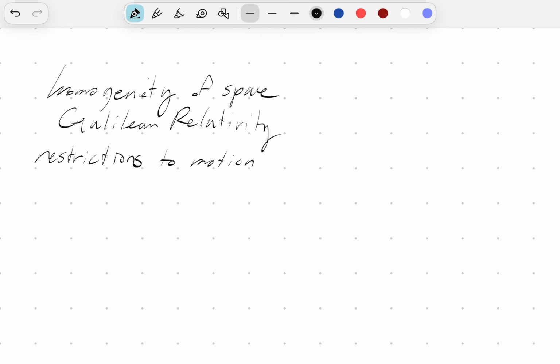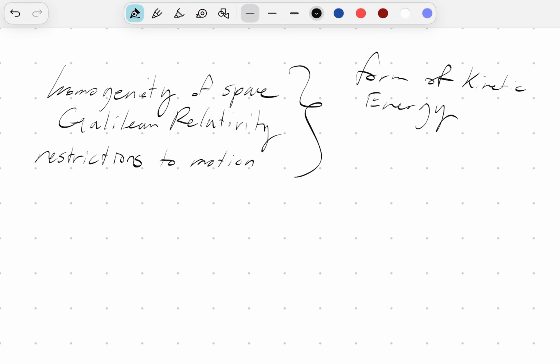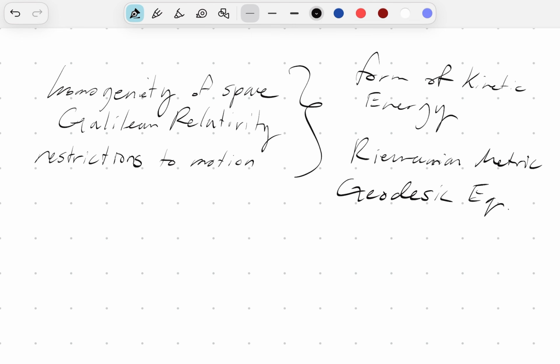So if you have a free particle versus a particle that has restricted motion or anything like that, this is going to lead naturally to the appearance of mathematical objects like the form of kinetic energy, the appearance of the Riemannian metric, and there should be two n's there, and finally just the idea of a geodesic equation. And you'll quickly see why this is mathematical physics and not just some theoretical physics idea.